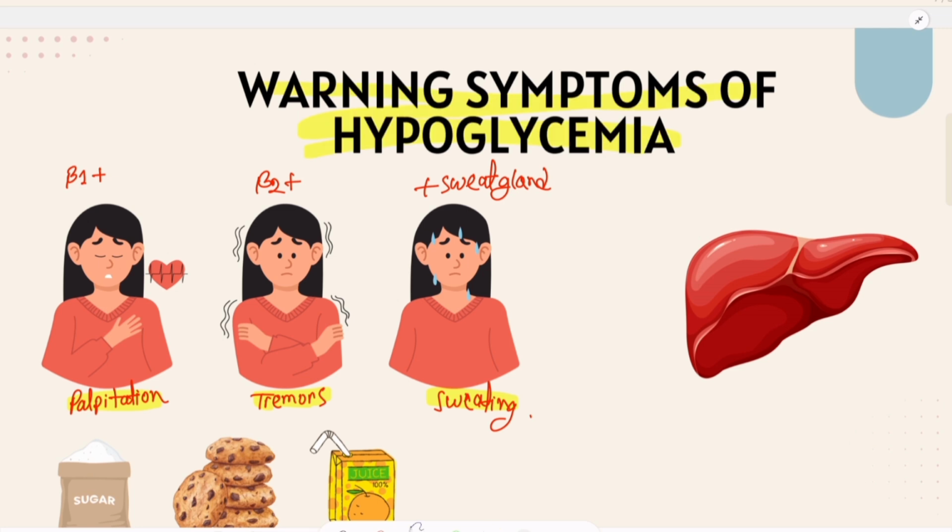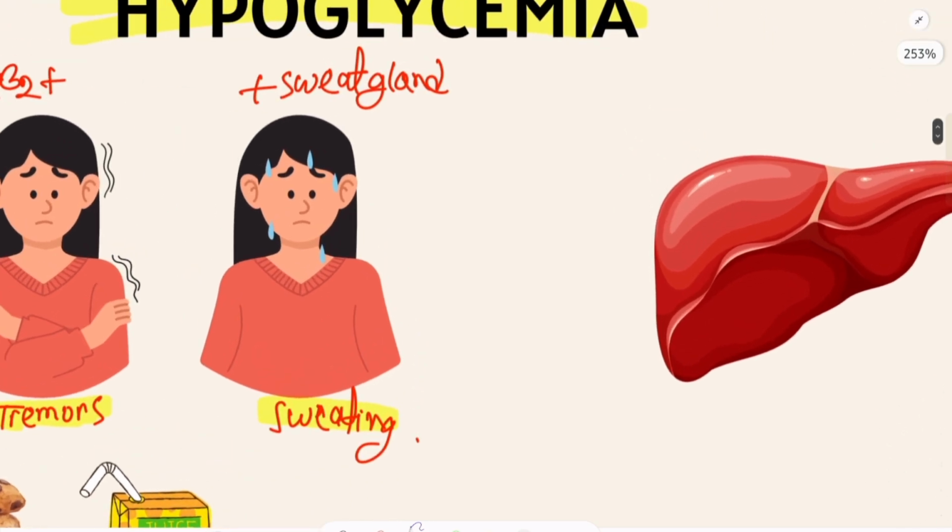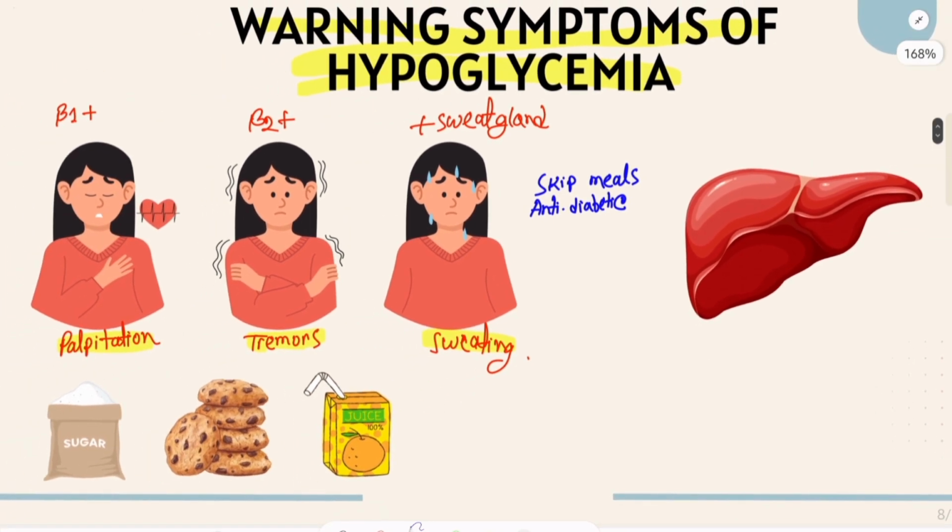Remember, hypoglycemia more commonly occurs in patients with diabetes. If they skip meals or take anti-diabetic drug in larger dose, may develop hypoglycemia. Whenever they develop hypoglycemia, these symptoms will come.